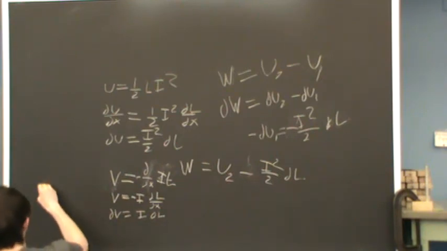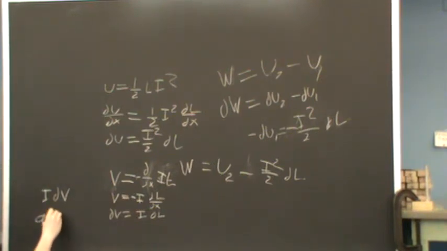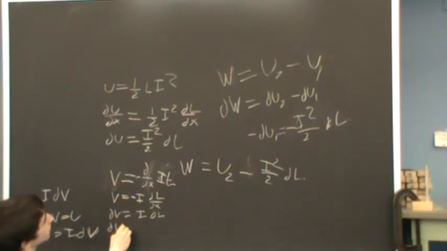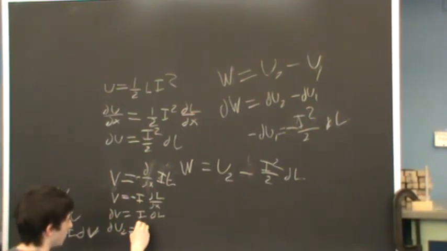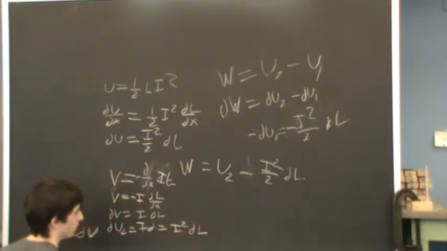And you know that IdV is in fact, you have Q, QV is U, so IdV is dU. So when you sub that in, you get dU2 equals IdV equals I squared dl.